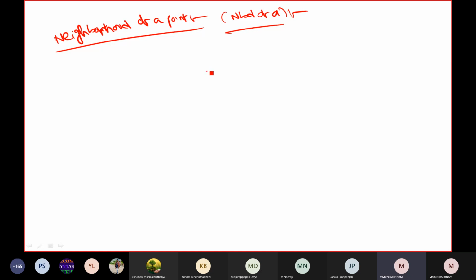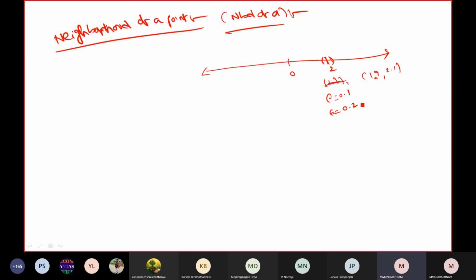Generally, neighborhood of a point means, for example, take the real line. 2 is a point. All the points within a small radius of 2, that set of all points, we call the neighborhood of 2. When we take epsilon as 0.1, it is from 1.9 to 2.1.